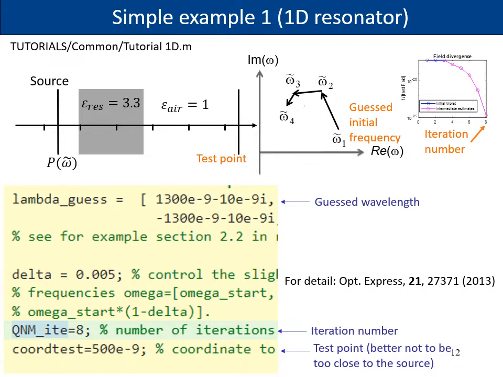In general, if your calculation is accurate, the computed eigenfrequency and eigenvector of a quasi-normal mode should be independent of your test point, since as the frequency approaches the pole, the field at every coordinate of your system will diverge at the same rate.